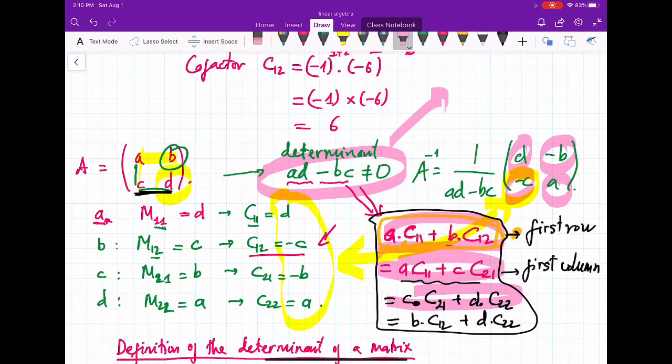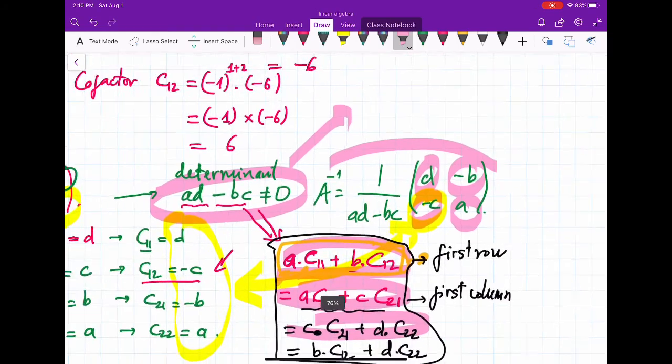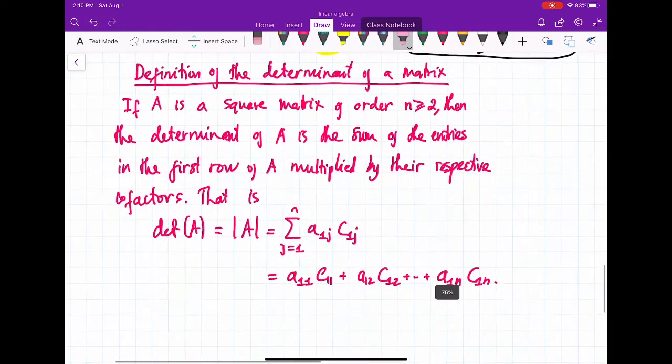And you might think, yes, we can use the determinant and the cofactor to find the inverse of a matrix. Agree?